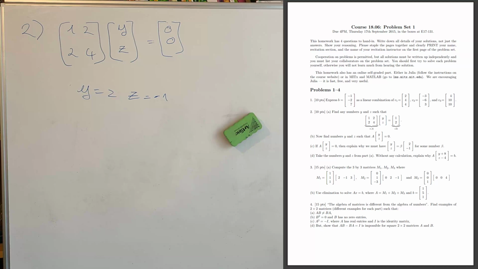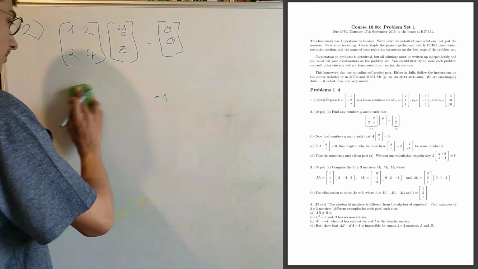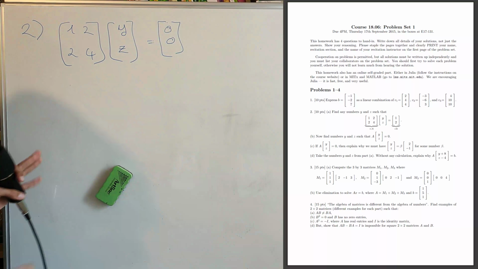Why we must have beta? Because they are proportional. That's why. I think I don't understand the question, but okay. I'm going to skip it. It's too simple, or I'm too dumb.